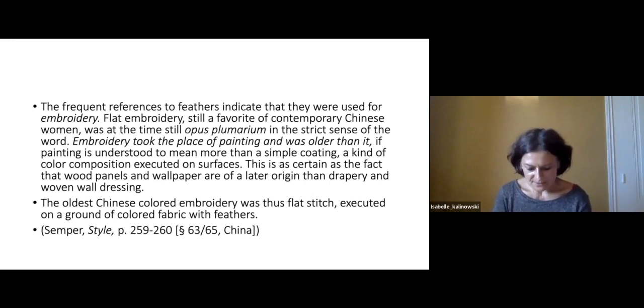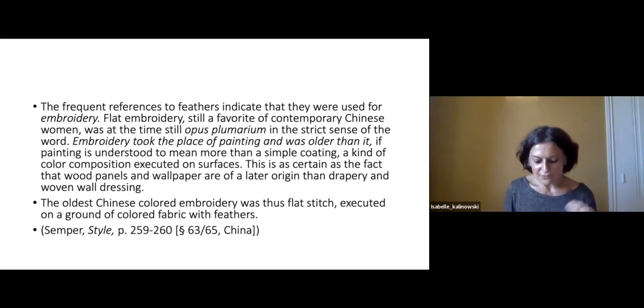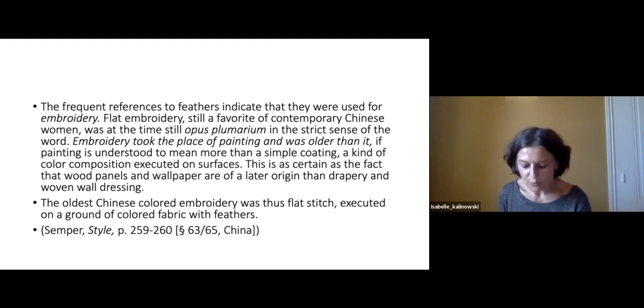I quote Semper, "The characteristic feature of this feather embroidery is the flat grandeur of the design over the surface of the material, amounting to a sort of polychrome bas-relief." The thickness of the embroidery creates a relief.